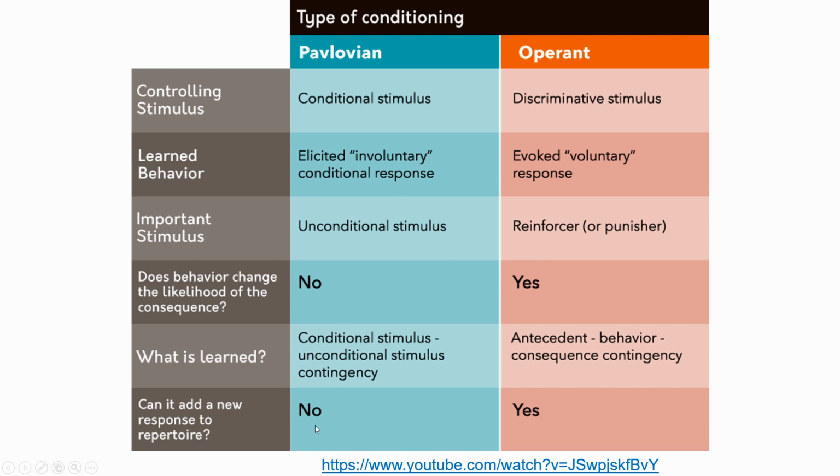In classical conditioning, you're just producing what was previously an unconditional response to a new stimulus. You're not learning anything new. You're just producing the same response in a new situation. But for operant, this is how you can pick up new behaviors. You can press levers, push buttons, peck screens. So we're adding new responses to our repertoire.